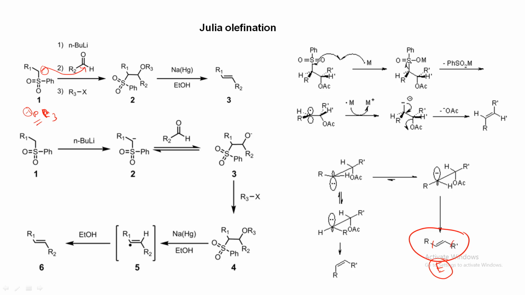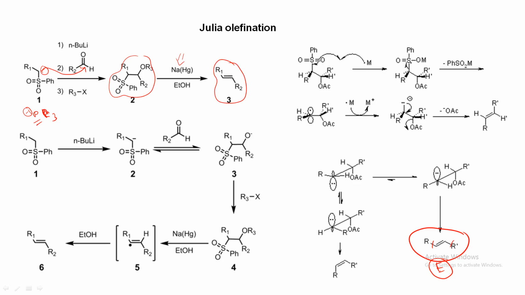So let's see what the fate actually is. With butyl lithium, aldehyde and one R3X molecule, this type of species forms at first, and then in presence of some metal, here sodium amalgam is used in presence of ethanol, the major product is this alkene.